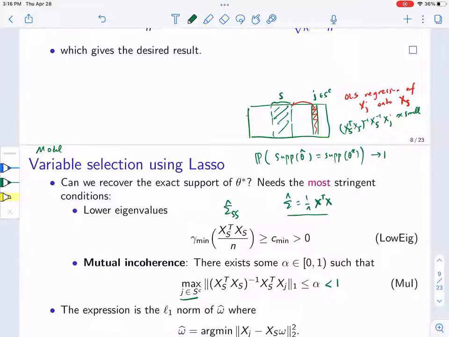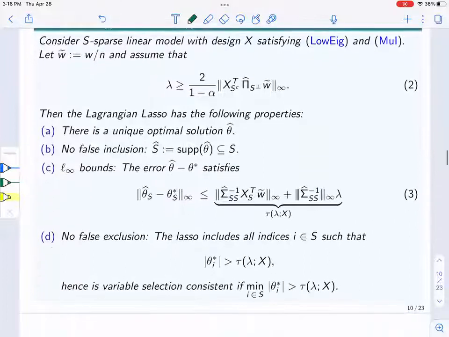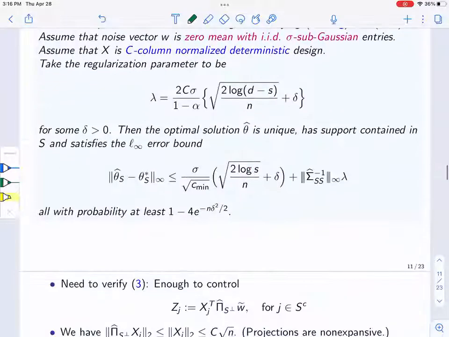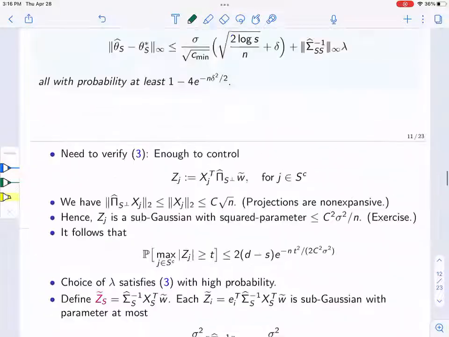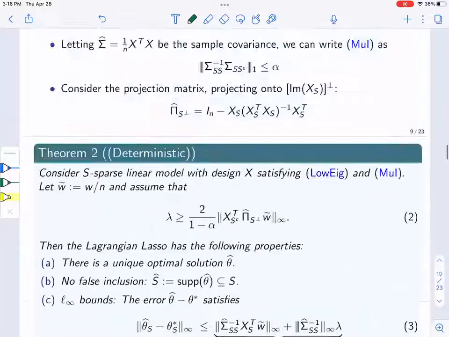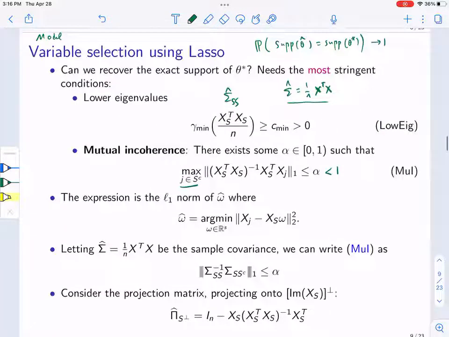So you also need the beta min condition: the minimum of theta star on the support should be bigger than this quantity. And then you can recast this in terms of the stochastic quantities and get a nice result. In the end, with high probability you can recover, assuming a beta min condition and mutual incoherence.